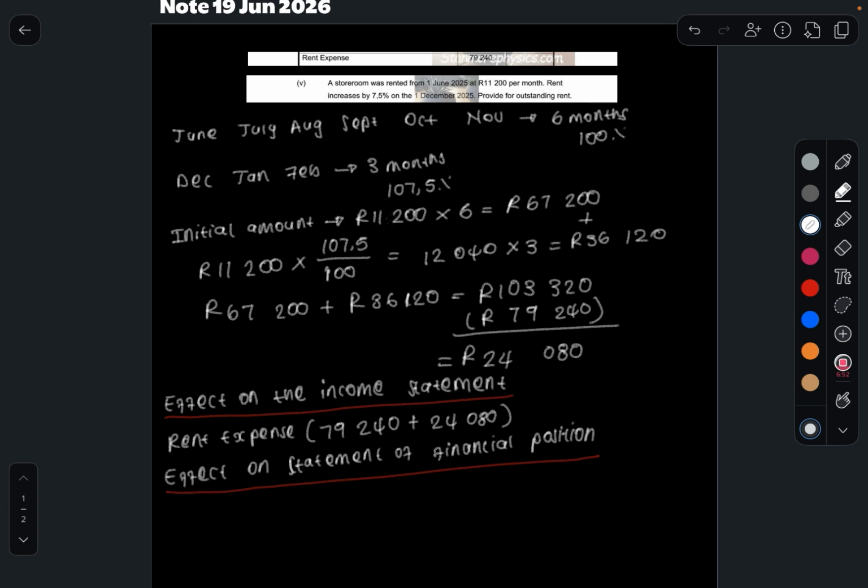However, we have to account for it because this expense took place this financial year. So under current liabilities, trade and other payables, you're going to account for the outstanding amount, which is 24,080. It's an accrued expense and it's payable because we haven't paid it. And yeah, it's easy as that. Just break it down. As I said, you break down every little information they give you.